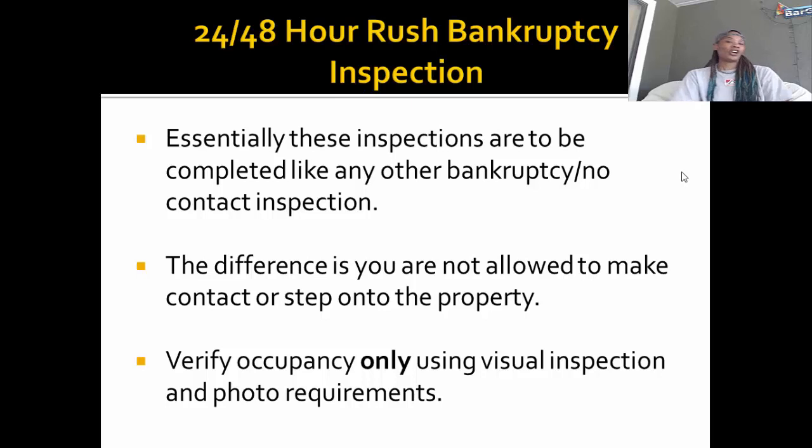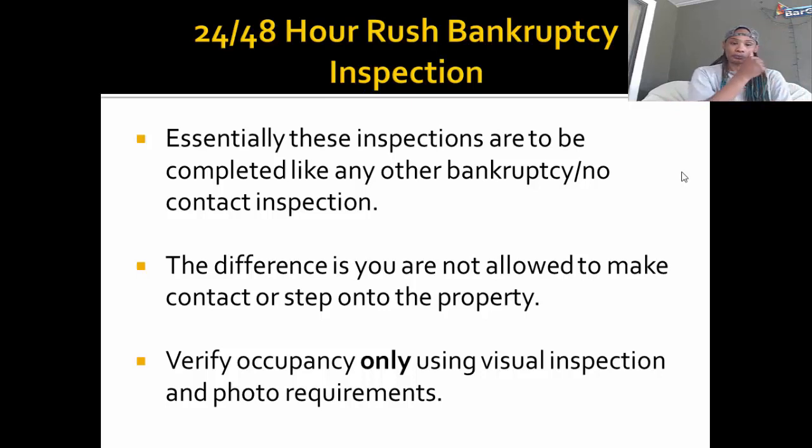Now, let's talk about the 24-hour rush bankruptcy inspection. Essentially, these inspections are to be completed like any other bankruptcy no contact inspection. If you go back to the lesson on the bankruptcy no contact inspection, you want to follow that guideline.